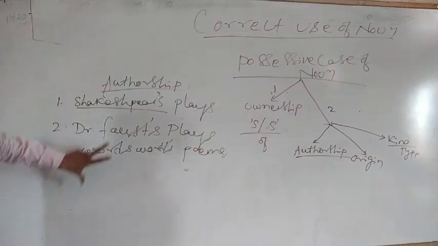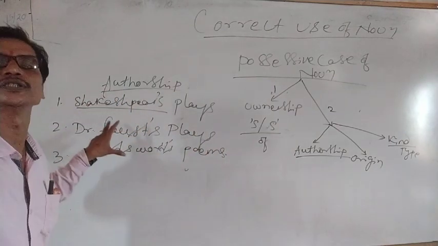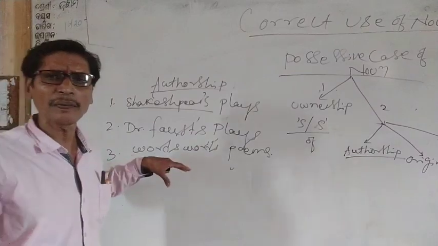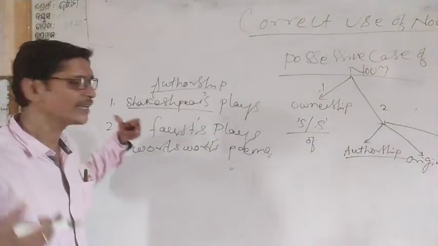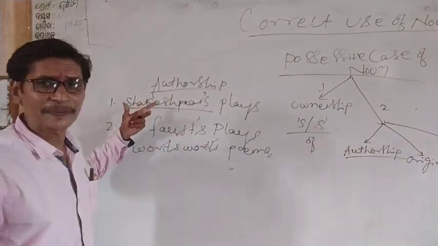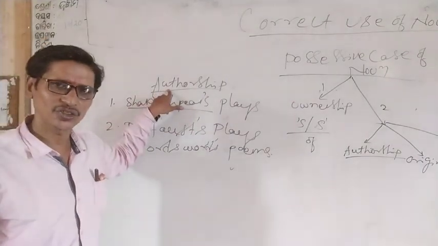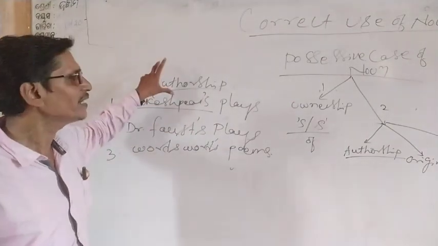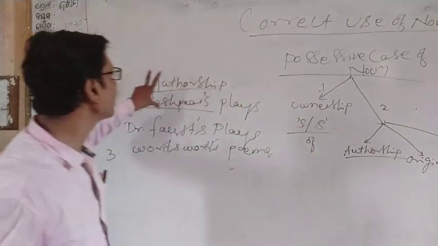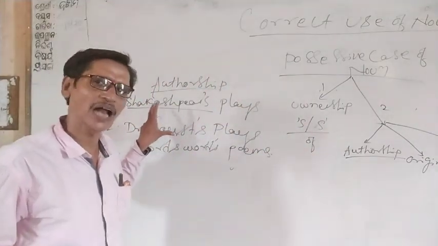From these examples we understood that we are talking about the ownership of a noun if they are talking about the authorship. When we talk about authorship, we make the possessive case of noun.